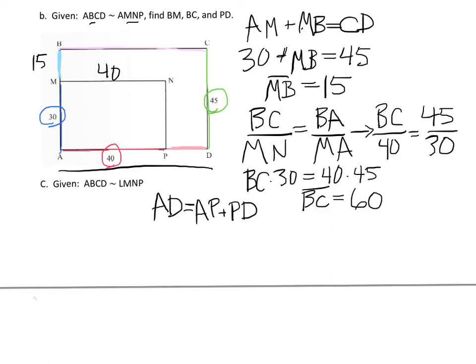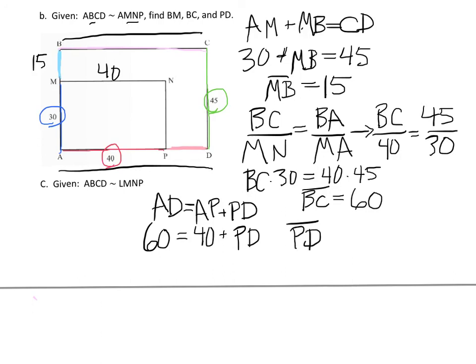And I know the whole thing is the same as BC, which is 60, because it's the same as this length, which I just solved for. And then AP is 40 plus PD, so therefore PD must be 60 minus 40, which is 20. So those are the three pieces I was looking for. So we can use the fact that two polygons are similar to solve for different side lengths and angle measures. And we have one more example in the next video.